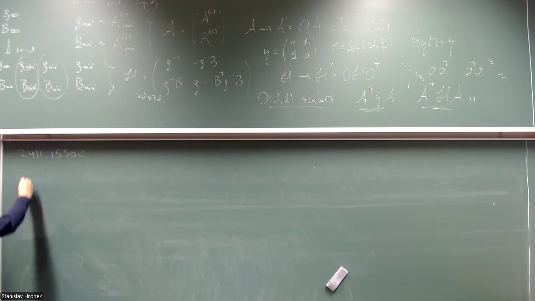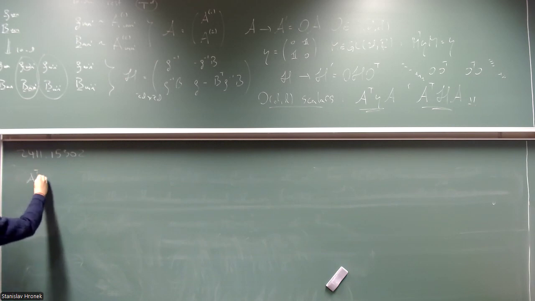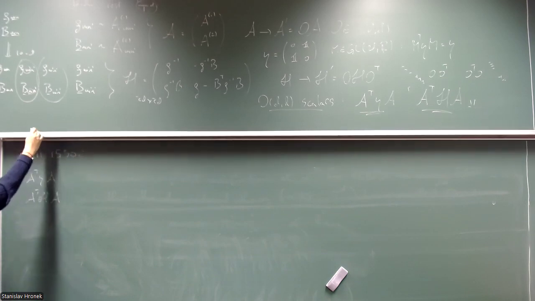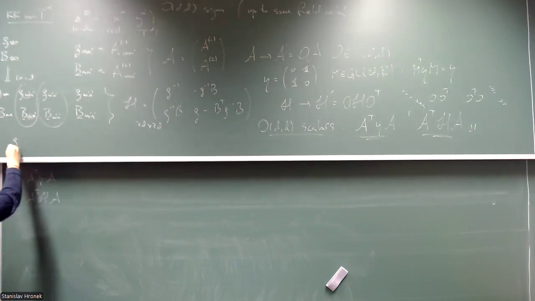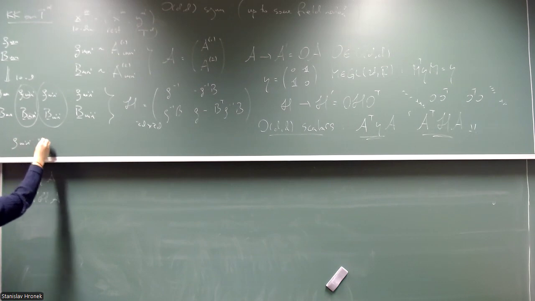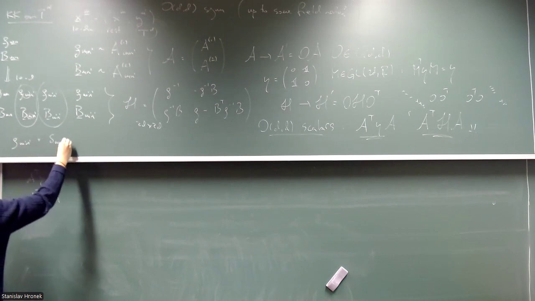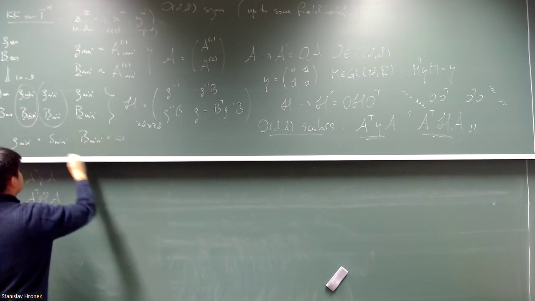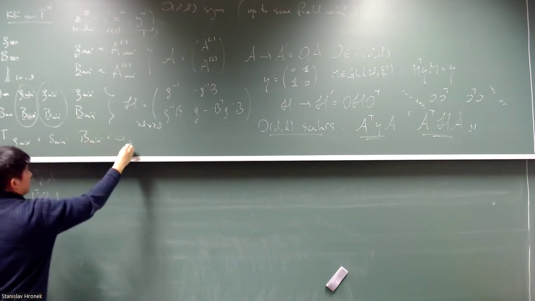So from these two ODD scalars, we further assume that we can set GM to be zero. So this is the statement.